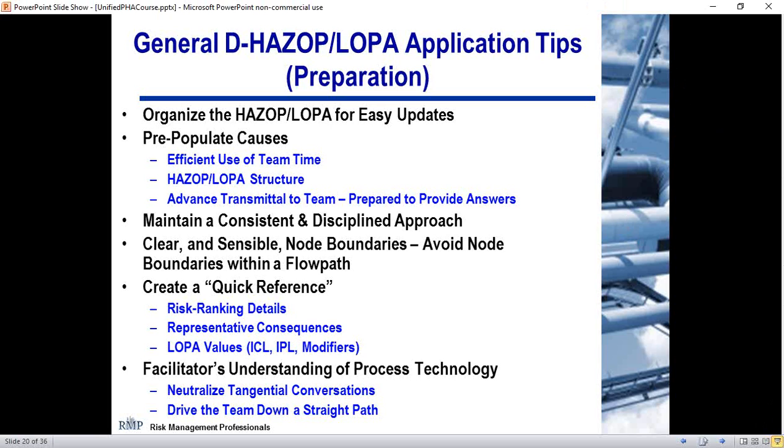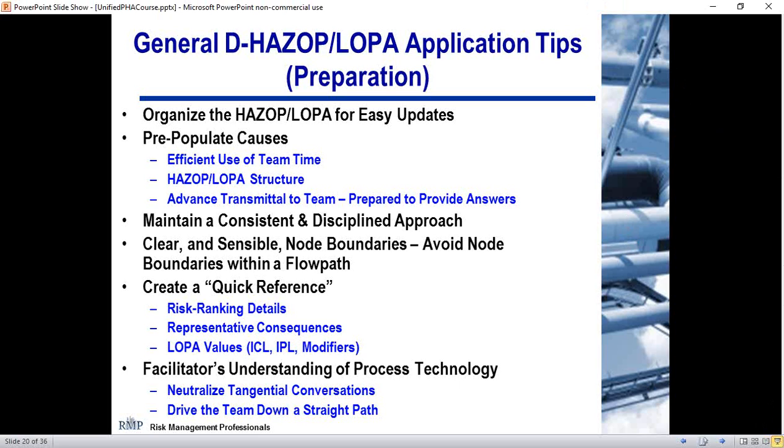In many cases, LOPA also, because it's quantitative, allows you to put in the conditional probabilities of failure on independent protection layers, and it can, in many cases, identify that safety instrumented systems are applied when it's really not necessary. So, selective application of LOPA is typically what we endorse, and if you do it during the HAZOP, it provides a lot of insights and also does not have to add too much to the time or effort of your overall team sessions.